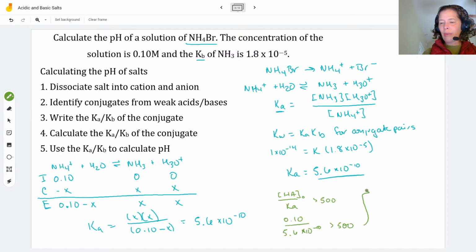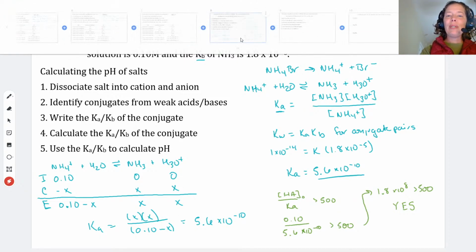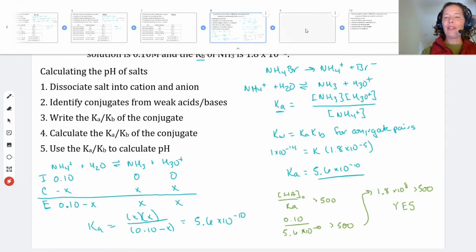If I calculate that, I get 1.8 times 10 to the 8th, which, yes, is definitely bigger than 500. Which is not surprising, because remember, your Ka here is 10 to the negative 10th. So we can feel very comfortable dropping this minus x, which means I need another page.